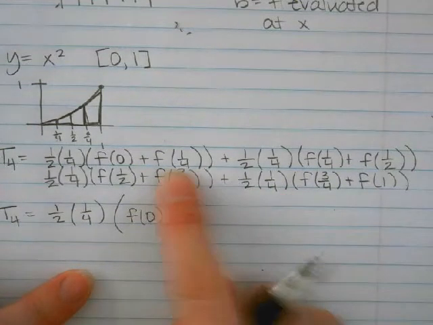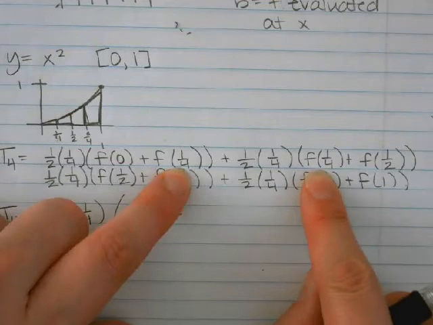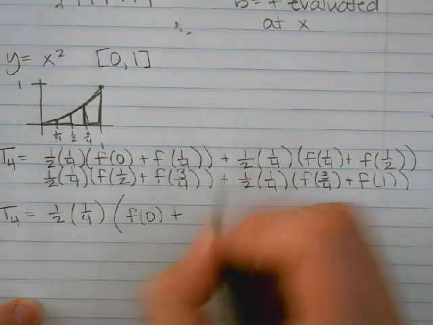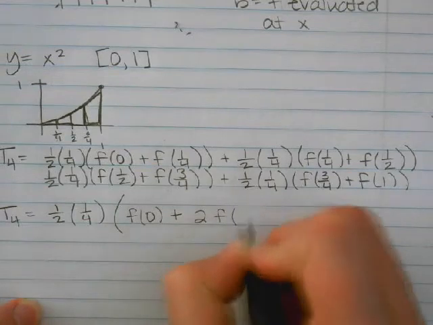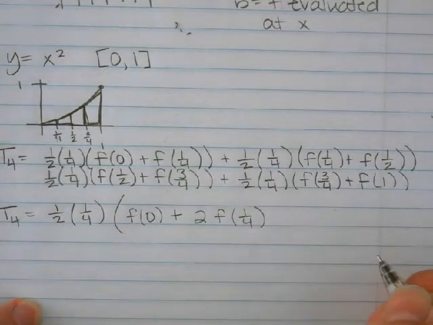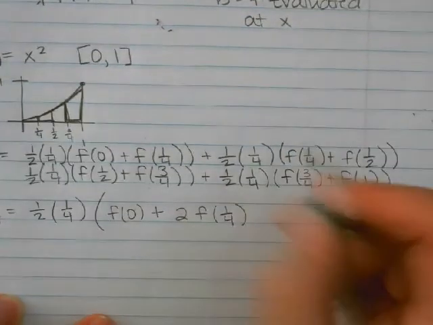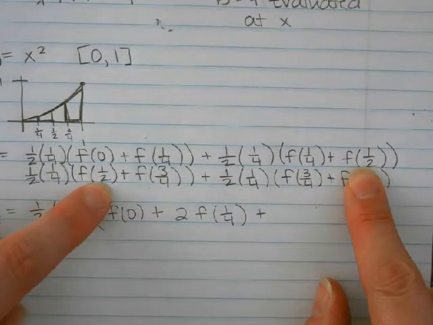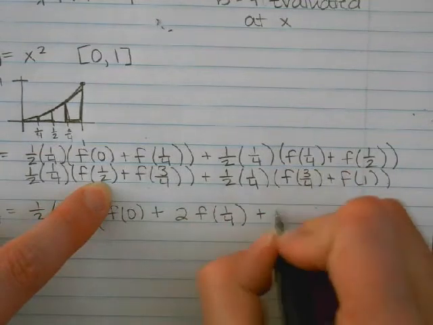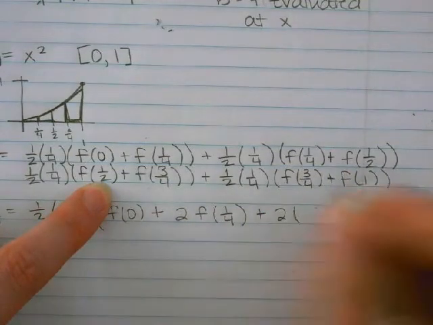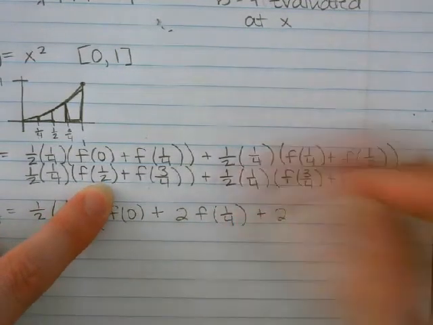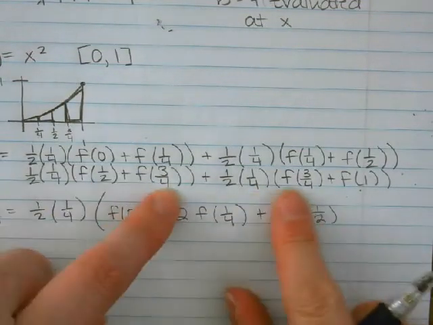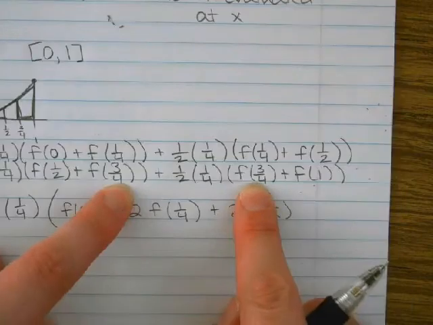Then the 1/4 actually gets evaluated twice. So I'm evaluating the function twice using 1/4. Here you evaluate the function twice using 1/2. And then you're going to evaluate the function twice using 3/4.